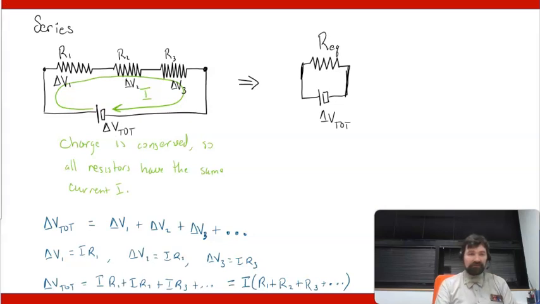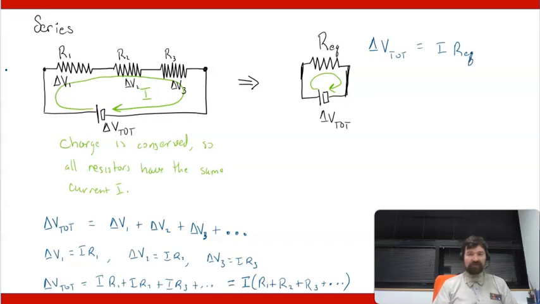And so basically we end up with a simplified circuit that looks like this. But by Ohm's law, this one just says delta V total is I times R equivalent.